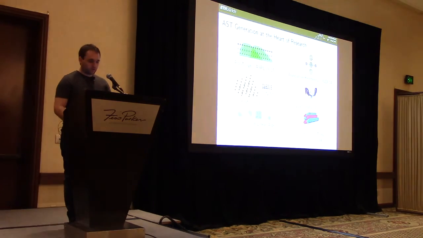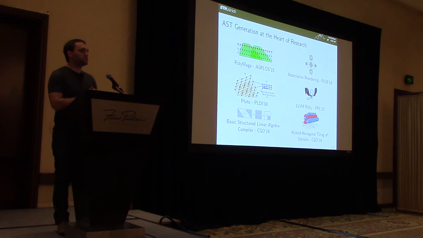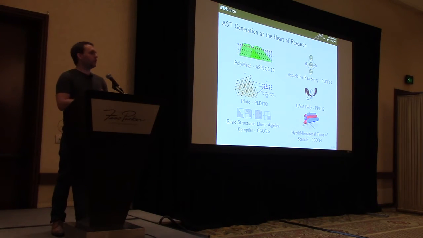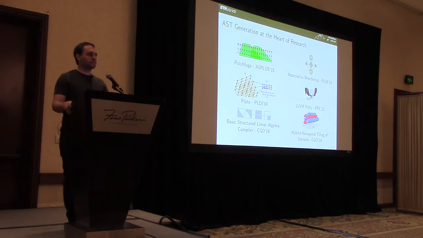Polyhedral AST generation is really at the heart of not all research, but a sufficient number of research projects. You just saw a presentation that is using such techniques. There is Polymage, a DSL for image processing kernels.